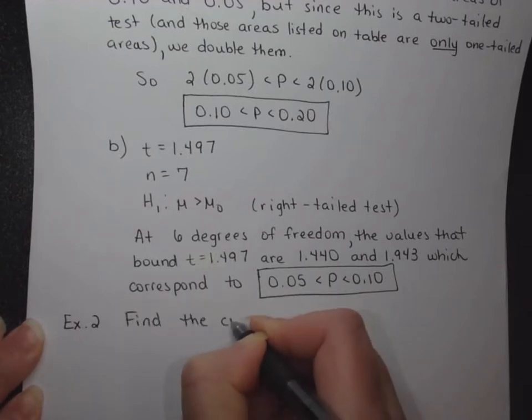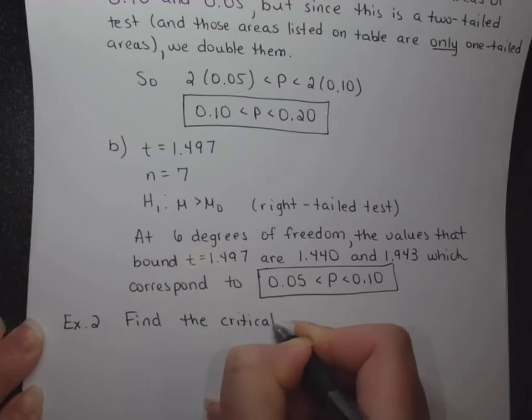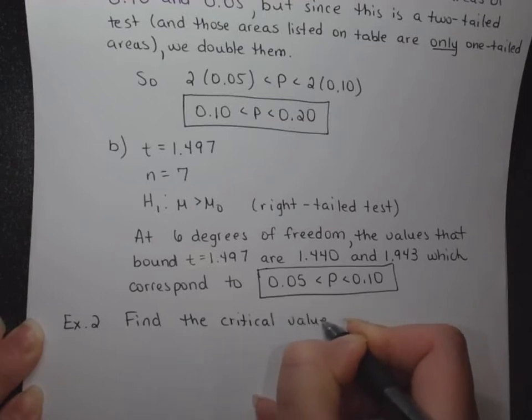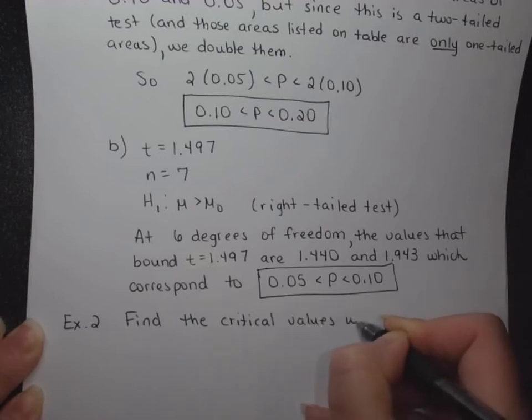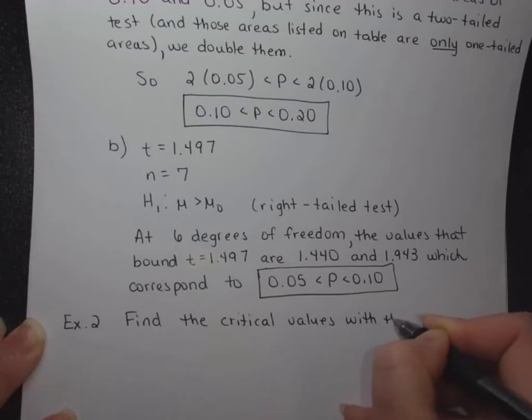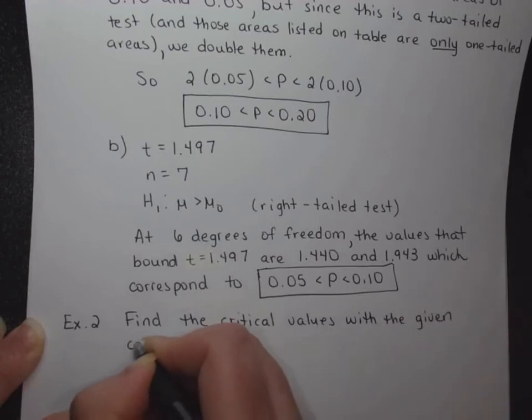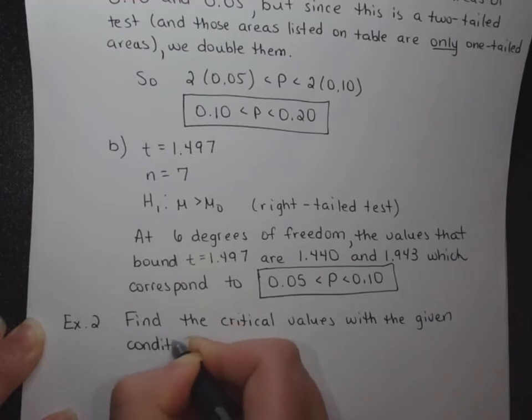All right, so let's look at the same kind of problems, but with a different value we're trying to find. I want you to find the critical values with the given conditions.